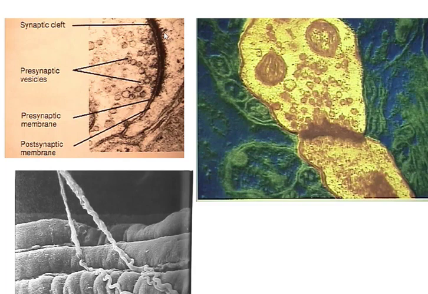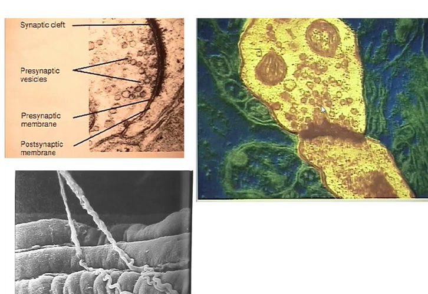And then over here, you've got the muscle cell itself, which would be the postsynaptic membrane right there. And so there's actually a picture of a synaptic cleft. And to keep these two from touching, you've actually got some proteins in there kind of holding it apart. So it's kind of like anti-Velcro.